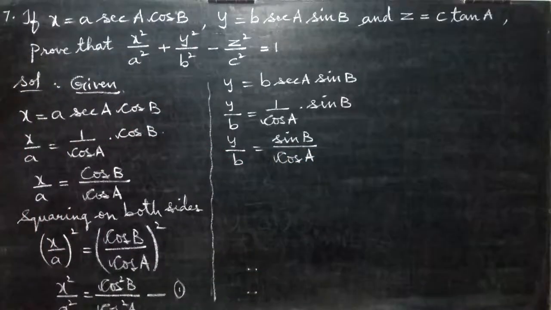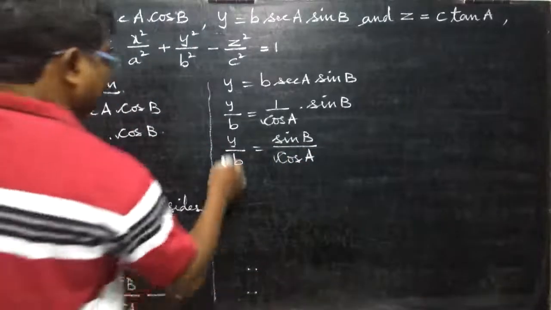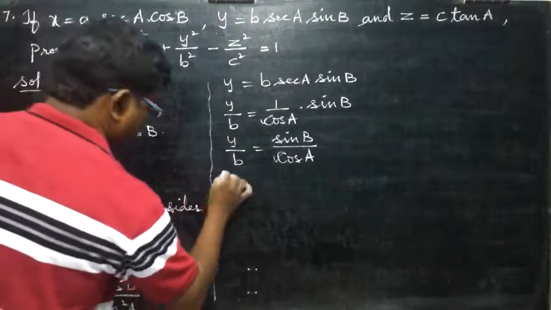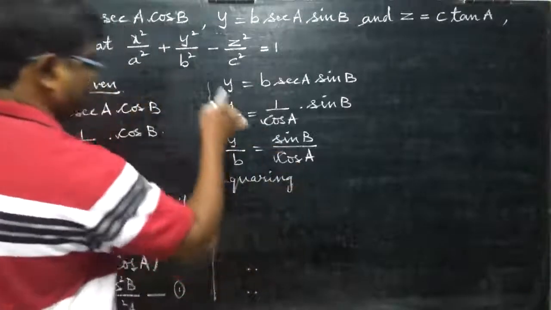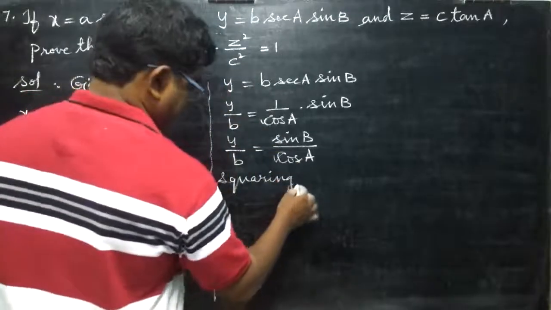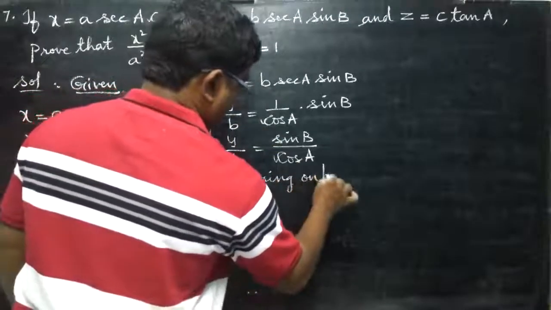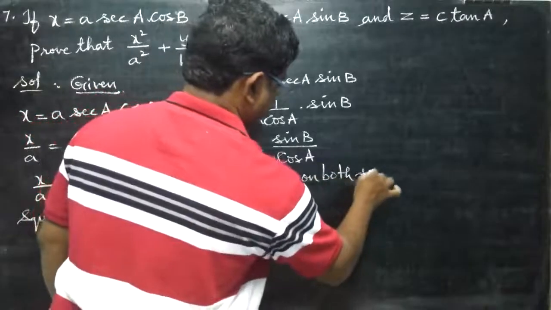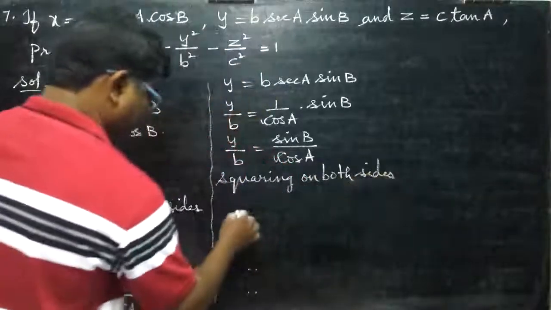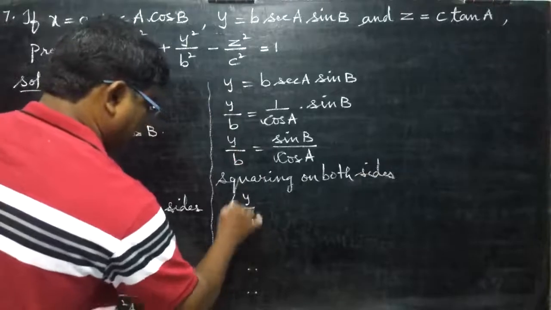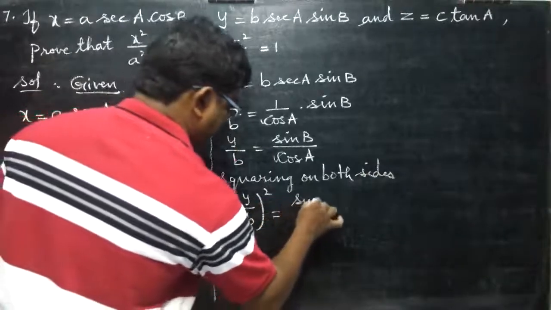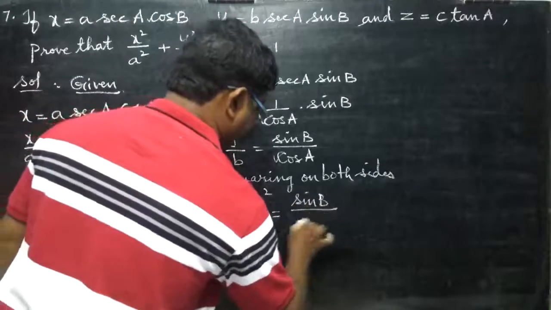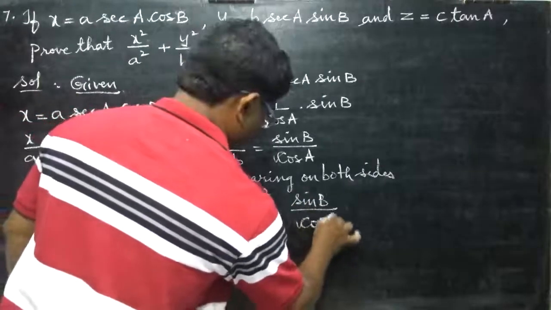Able to follow? Next, squaring on both sides, because here again square is there. No need to ask anybody, see the question itself, the hint will be there. Squaring on both sides. y by b whole square is equal to sin B by cos A whole square.